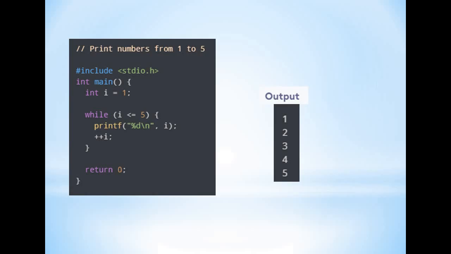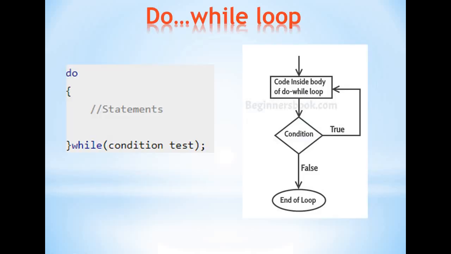After that I will be incremented by 1. So I value becomes 2. 2 less than 5 is true. So 2 will be printed. Likewise, it will check the condition until I value becomes 6. If the I value is 6, the condition will be false, so it will terminate the process.